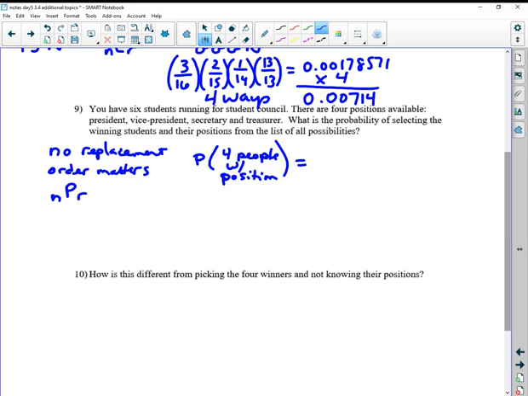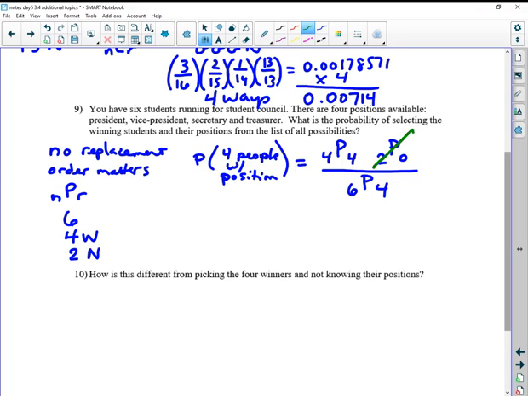There were 6 people in all. There are 4 winners, and their order would matter. And there are 2 that are non-winners. So if we have our 4 people, and the order's mattering, but 2 of them, we don't want to pick any of them. And there's 6 in all for our total selections.